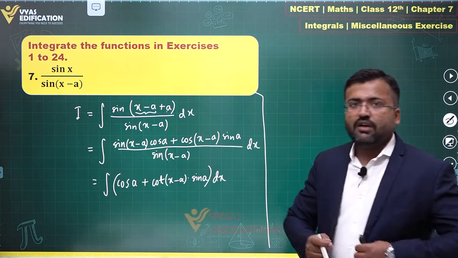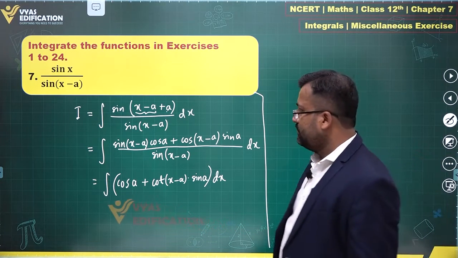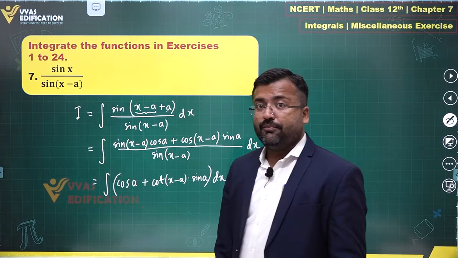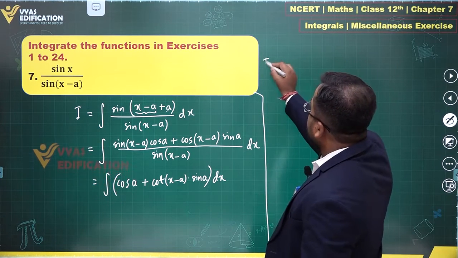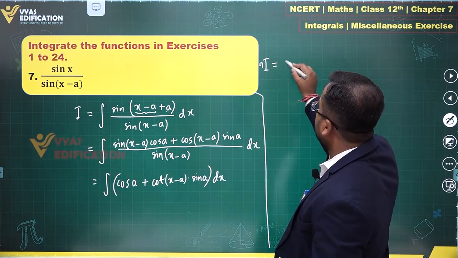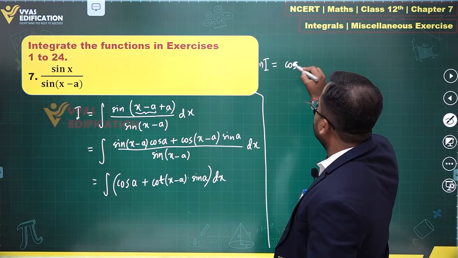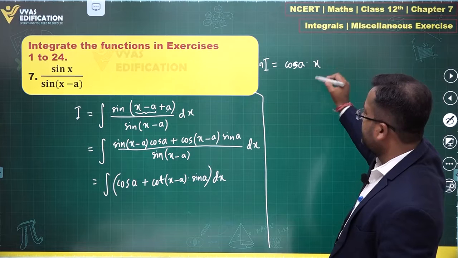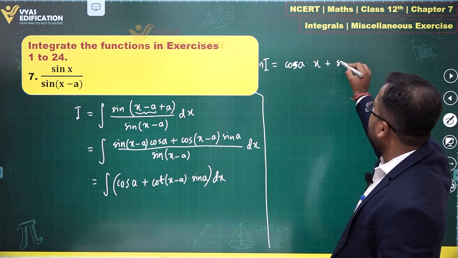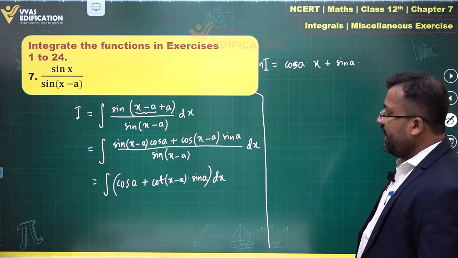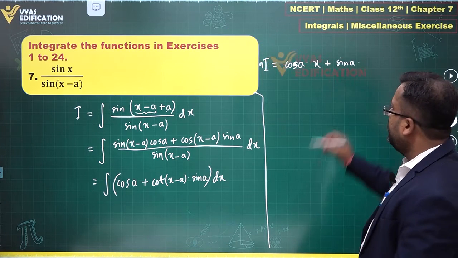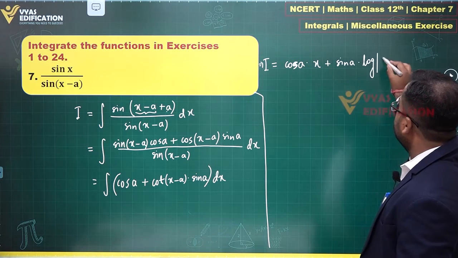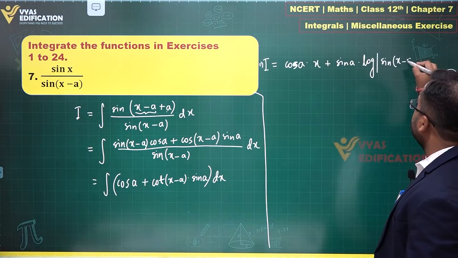Okay. What else? What about the integral of this? So cos a is a constant, mind you. So integral I will be equal to cos a, which is a constant, comes out, times integral of dx, which is x, plus sin a is a constant, comes out, and for cot of x minus a, the integral will be log modulus sin of x minus a.